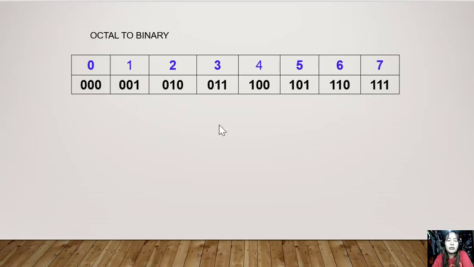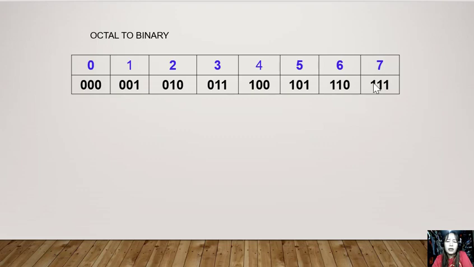So remember your 4, 2, 1. Try to imagine that in order to get 7 in octal form, your binary is 111. Now why 111? Remember your 4, 2, 1.